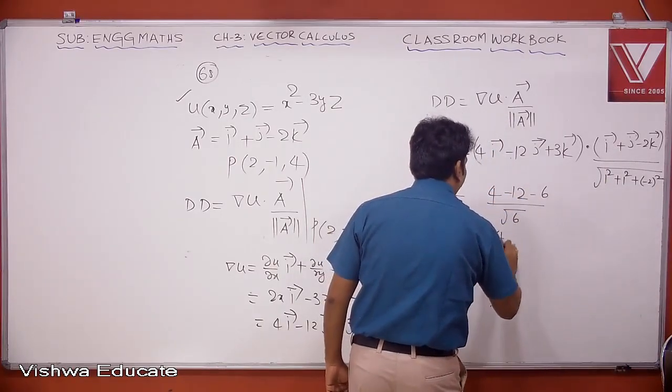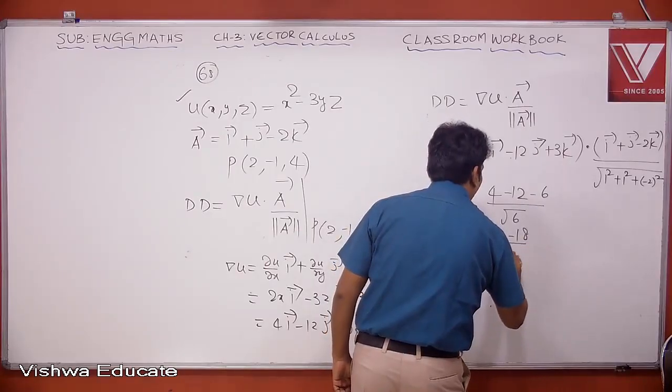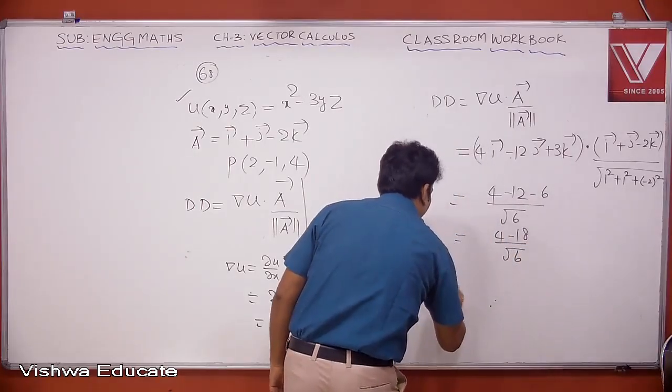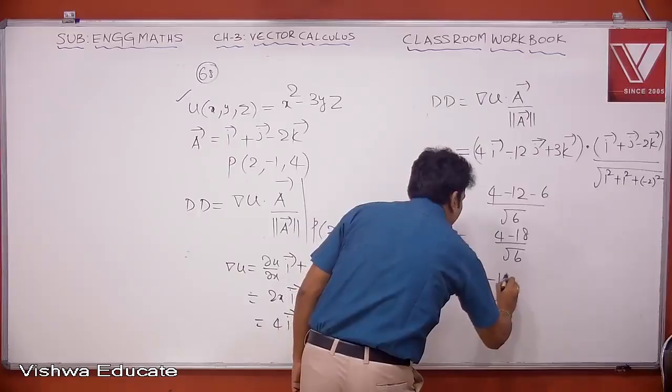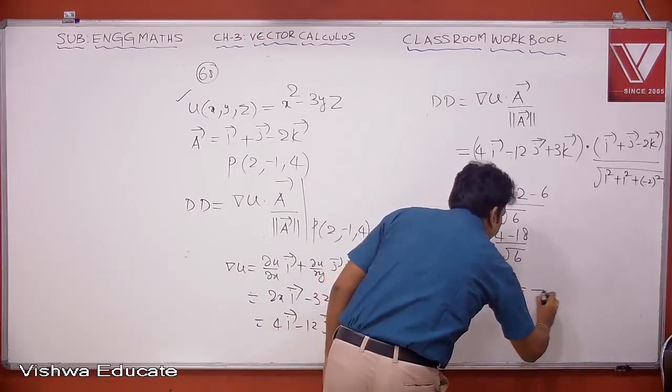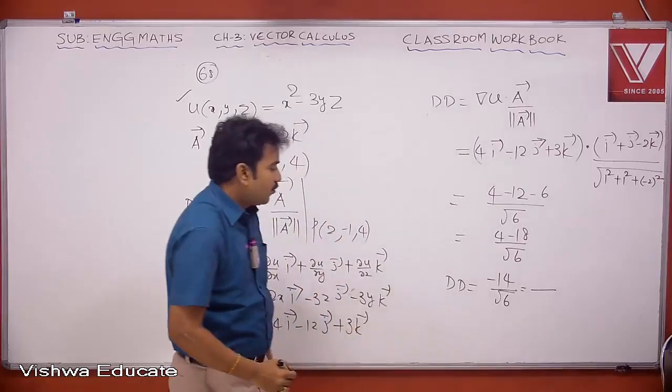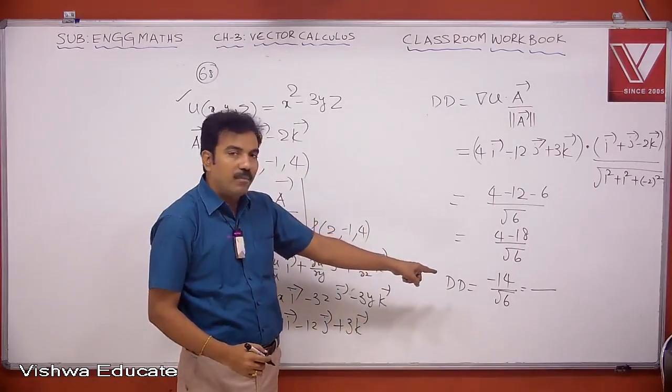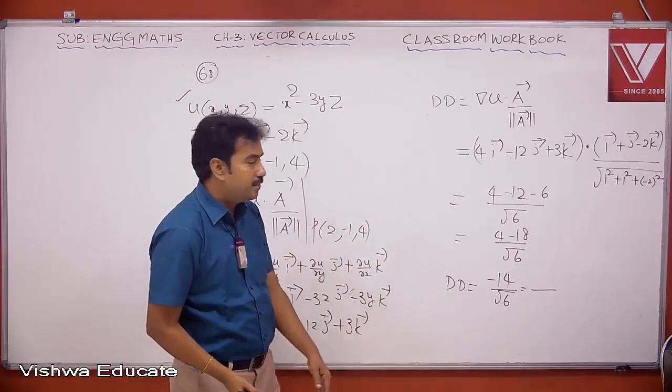So this is 4 minus 18 divided by root 6. Therefore the required directional derivative is minus 14 divided by root 6. You simplify this and get some value. So the answer is minus 14 divided by root 6.